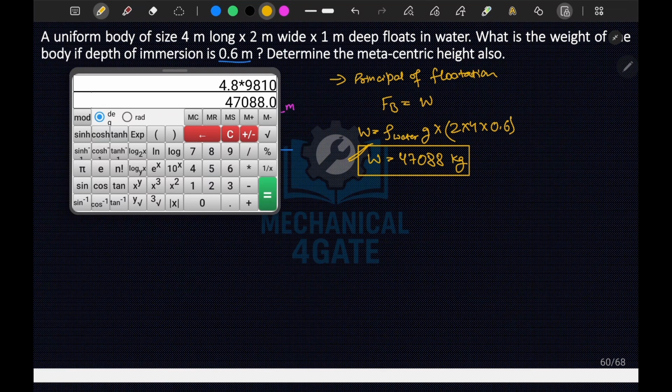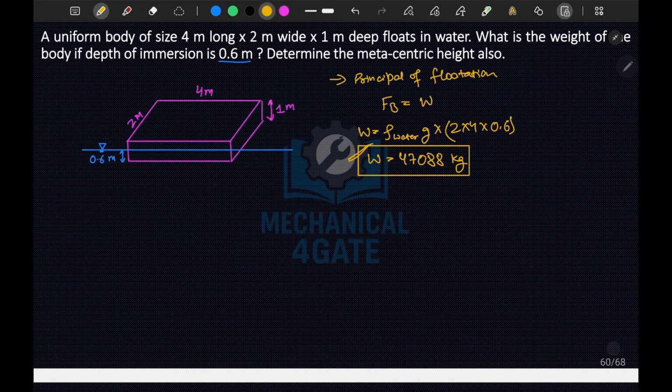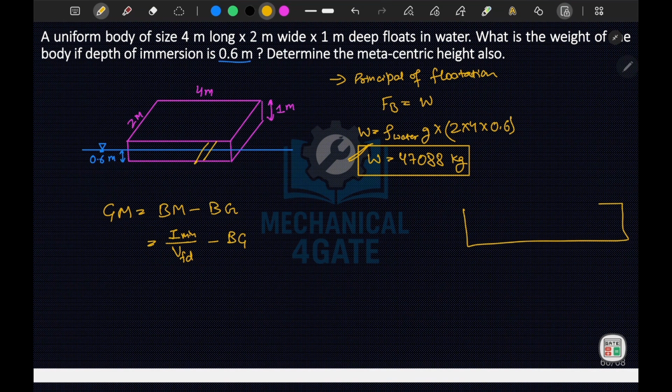Now determine the metacentric height also. As I mentioned earlier, metacentric height is given by BM minus BG, and your BM is given by I minimum upon V. Now BG is calculated geometrically. Let me show you how BG is calculated. Let me draw this face differently. Let's say I have zoomed it out.